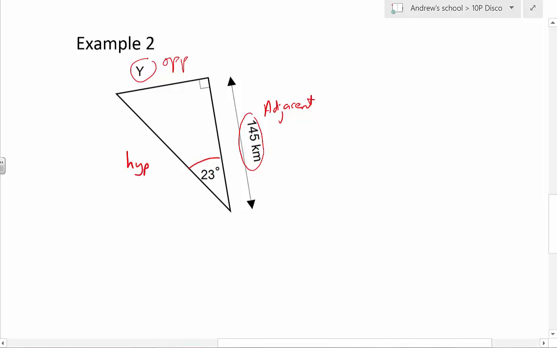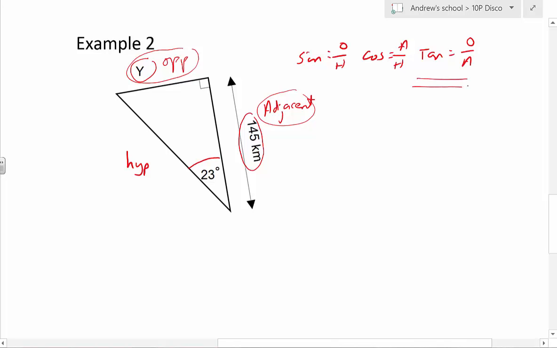So look back at the ratios again. Sine is opposite over hypotenuse, cosine is adjacent over hypotenuse, and tan is opposite over adjacent, and we're dealing with the opposite and the adjacent, so it is indeed tan we need to work with. Write down the information we have.